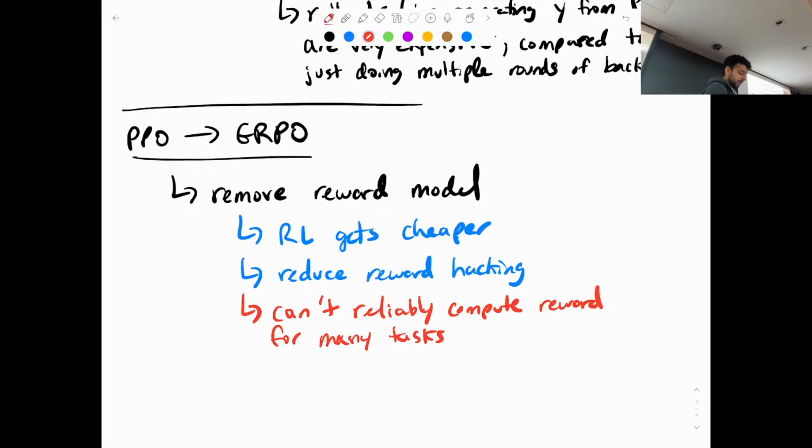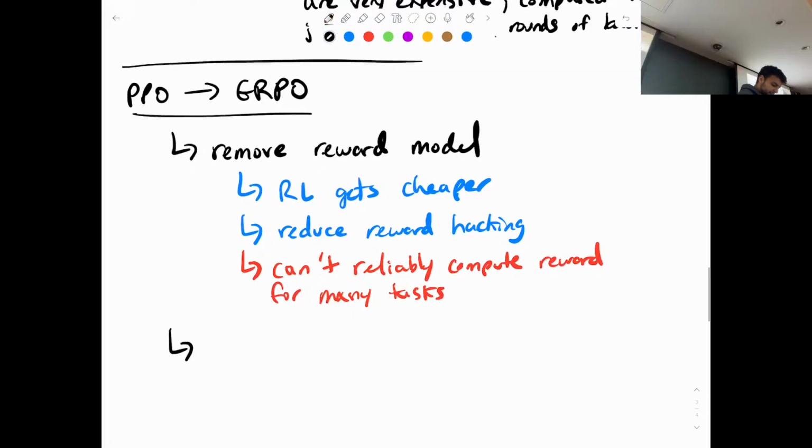However, if I ask you, write a great story about a cat with a unicorn, it's kind of unclear how I can design a cheap reward for this task. So this idea is good in many ways for efficiency and for reward hacking, but it reduces the diversity of tasks that we can consider during this kind of training.